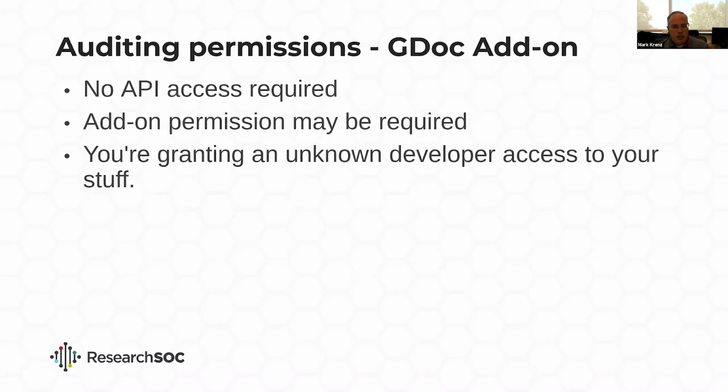On the other end of the spectrum would be something that a normal user might be able to do. It requires that you have the ability to add add-ons to your Google Drive account, which, if you have a G Suite for Education account, you might not have this access, but it doesn't require API access. So you don't have to set up an API key. It's available in the menu, and you can just search for add-ons and add stuff to it. But I would strongly caution you about this solution, because when you do this, you're basically granting the third-party developer access to all your stuff.